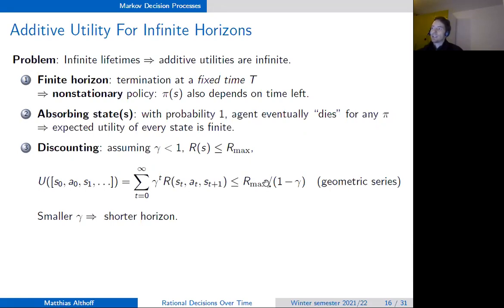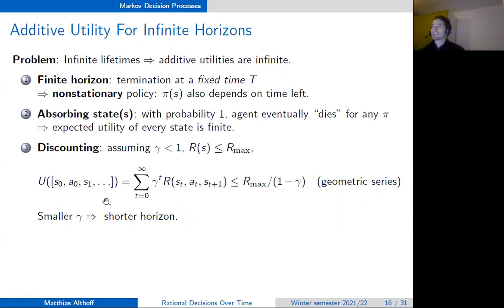This you can factor out, and then you have R max times the sum from t equals 0 to infinity of gamma to the power of t, which is a geometric series. And the sum of this, if gamma is less than 1, is 1 over 1 minus gamma, multiplied with R max. So this is a maximum possible value, and this is a finite value.